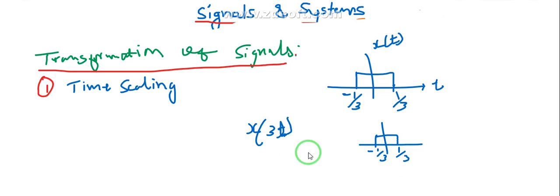Don't get confused here. If you multiply by 3 inside, you should divide the graph by 3, making the width small.